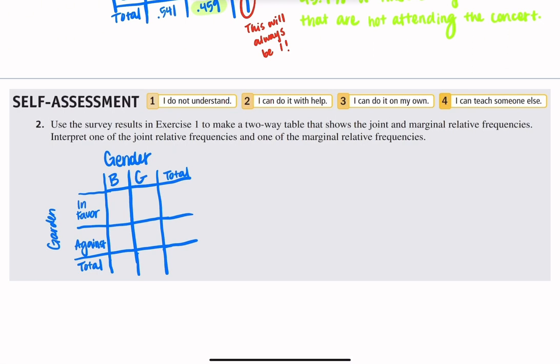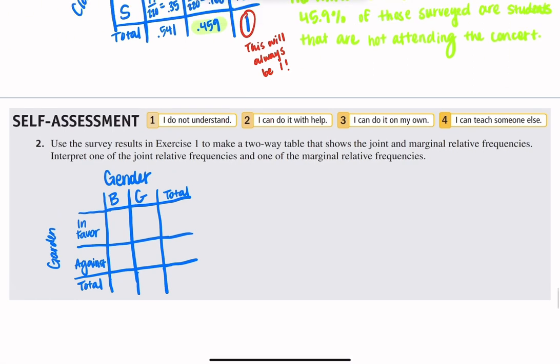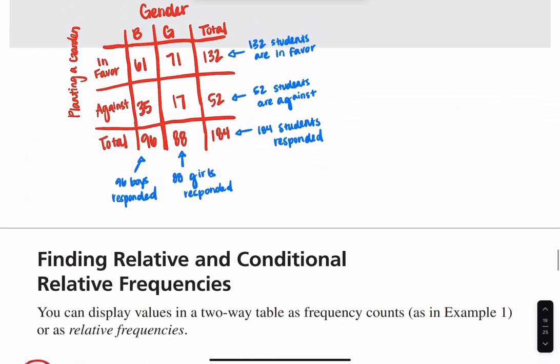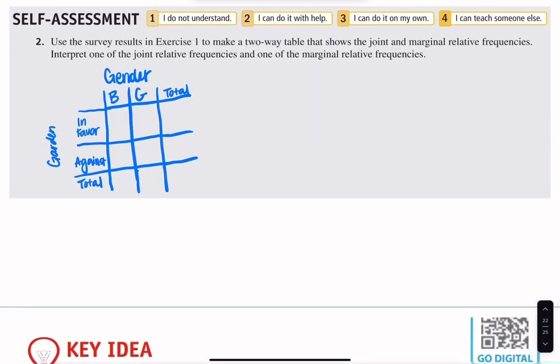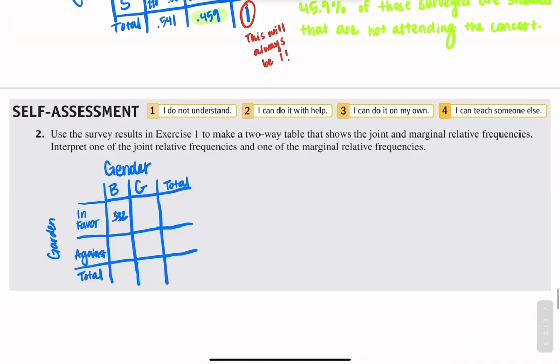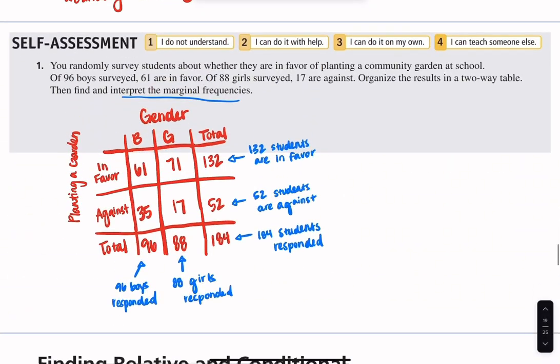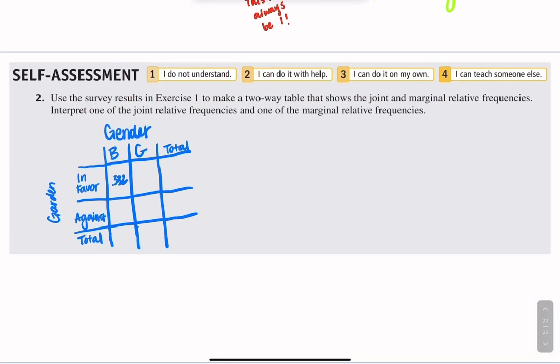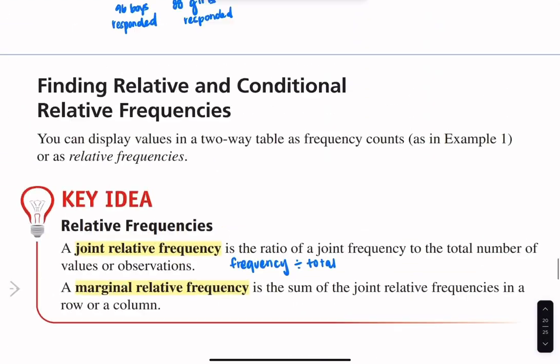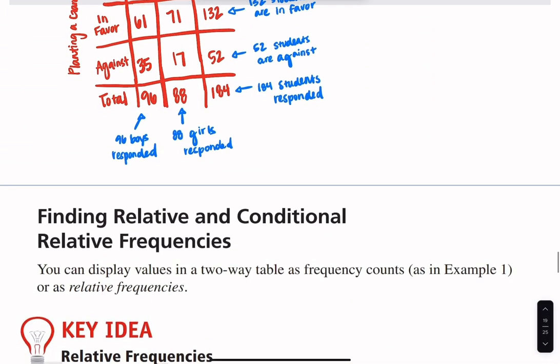Okay. So you would have divided, for boys in favor, 61 divided by 184, and got 0.332. For girls in favor, you would have divided 71 by 184 and gotten 0.190. For boys against, you would have divided 35 by 184.